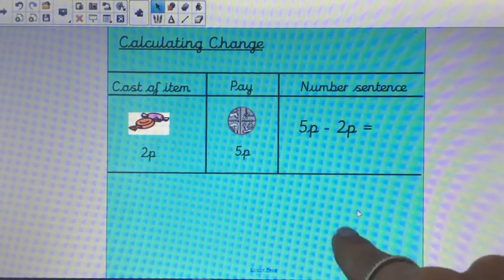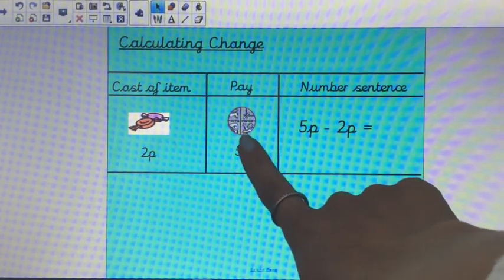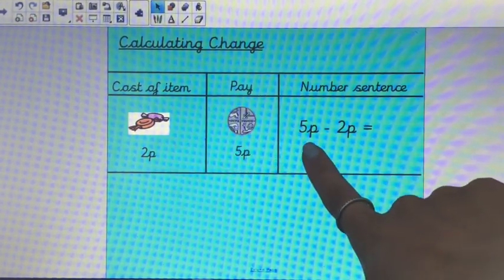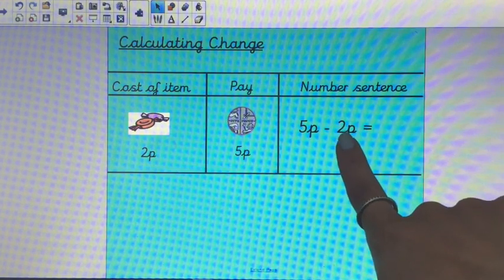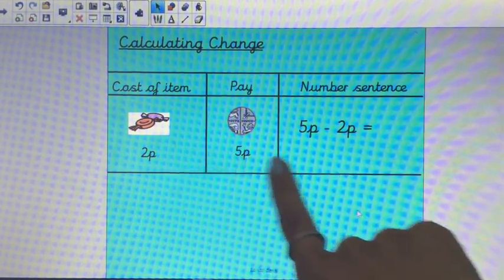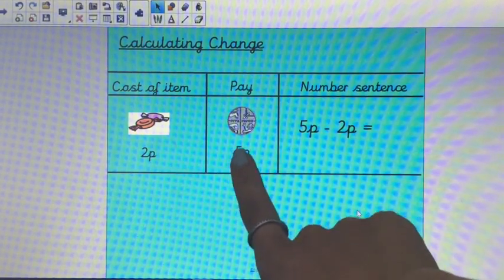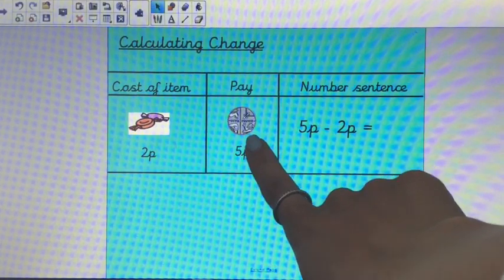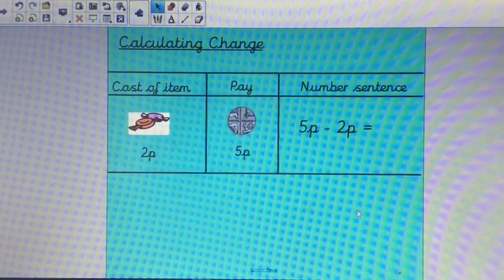So I start off with the amount that I paid with. I paid with 5p. And I'm taking away the cost of the item that I'm buying. So 5p take away 2p. The amount that I pay with, take away the cost of the item.